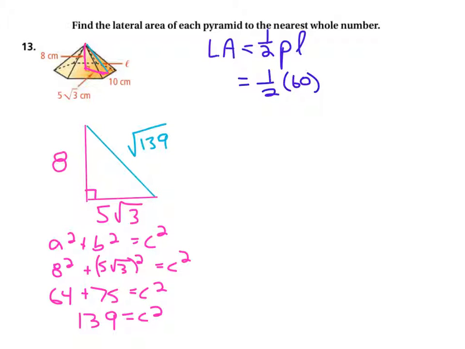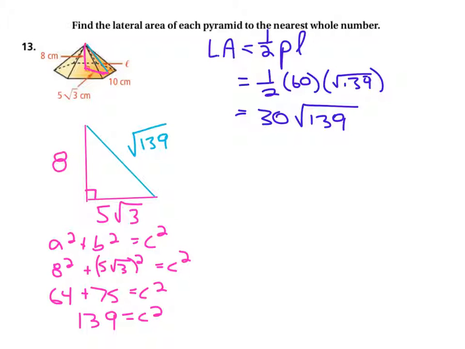And we've got a slant height we found of square root 139. Okay. So half of 60 is 30. So we've got 30 times the square root of 139 for our lateral area.